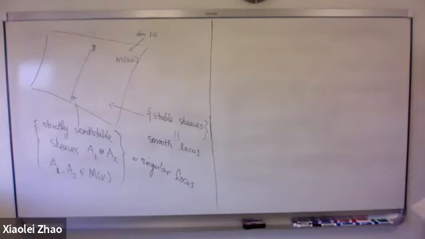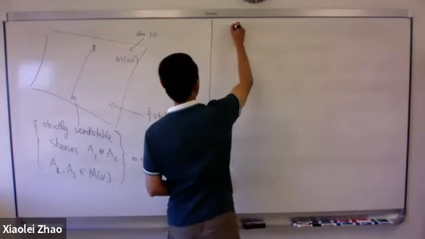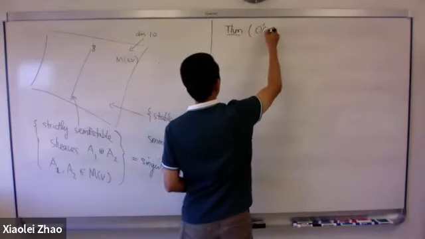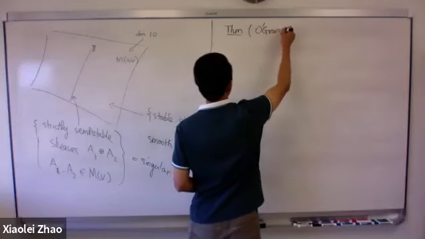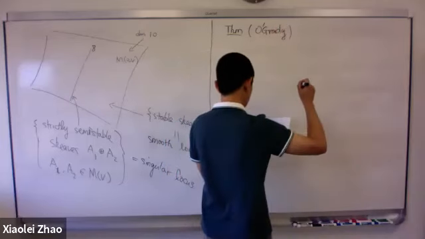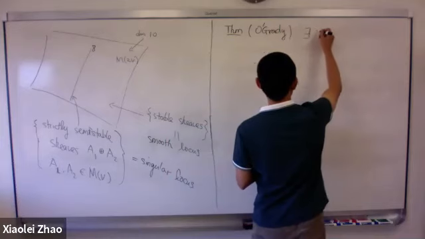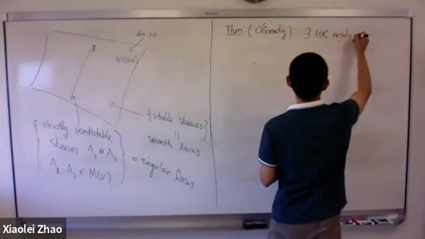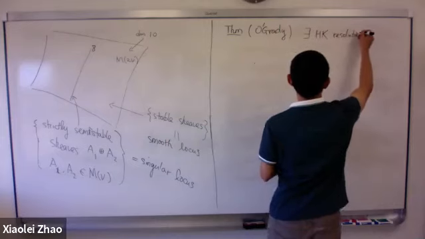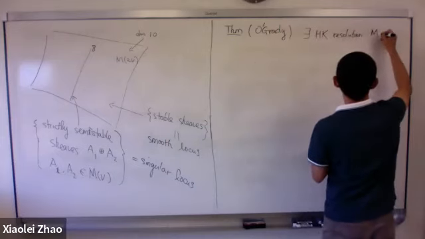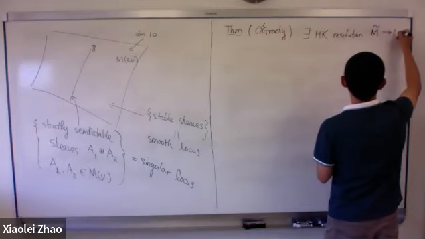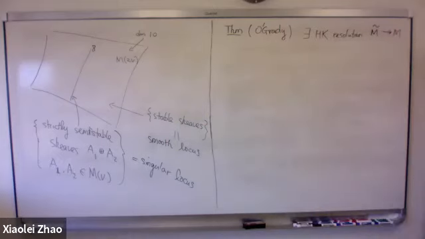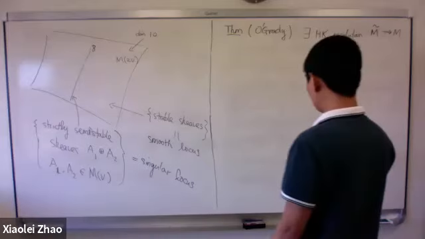Okay, so let me write down the theorem. The first one is actually due to O'Grady, which is saying that there exists a hyperkähler resolution, which I'll write as M2, resolving this M. Okay, so this is the first thing.